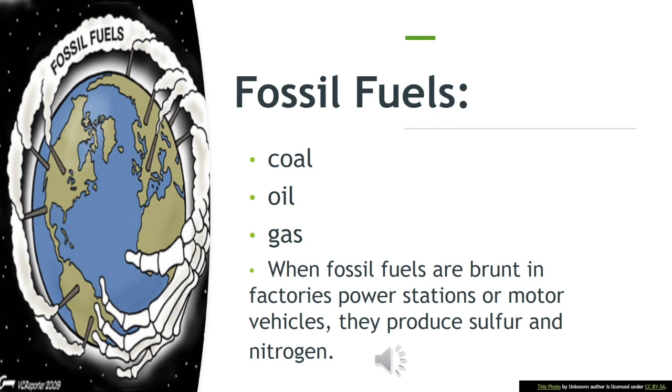These gases react with water in the air to make sulfuric and nitric acids. The resulting acid rain may fall far away from the place where the gases were produced. Acid rain is a major pollution problem on the continents of Europe and North America.